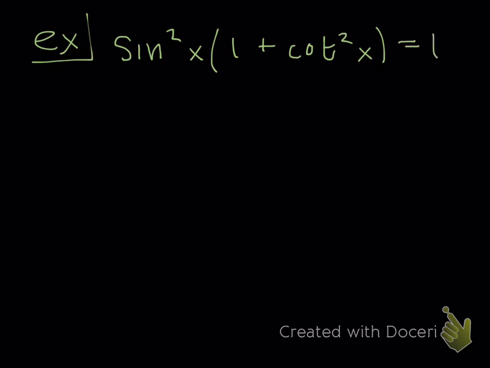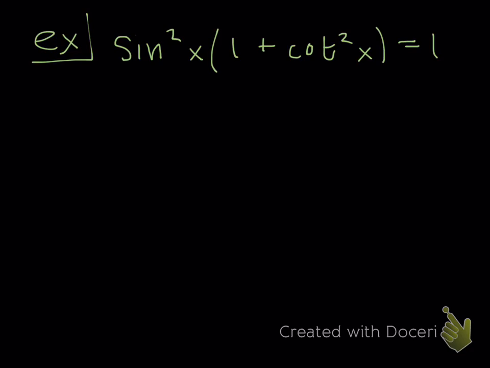So again, clearly the left-hand side is the more difficult of the two, so that's where we're going to start. And I'm going to say let's distribute. So I'm actually going to show you this problem twice. I'm going to show you two completely different ways to go about it.